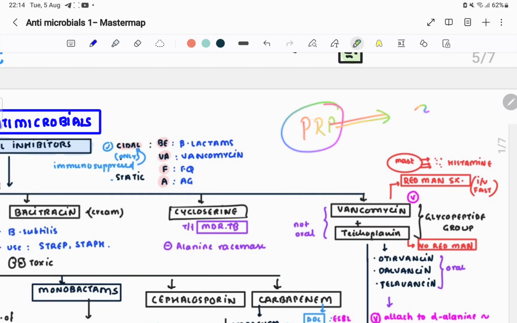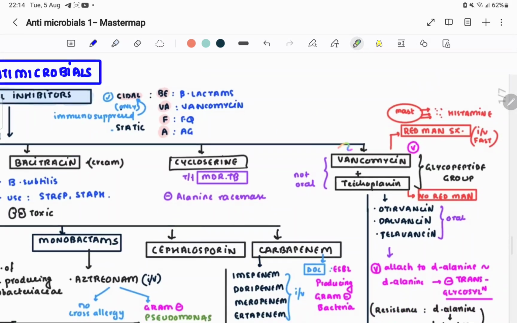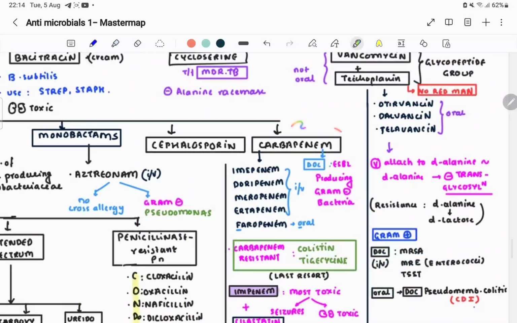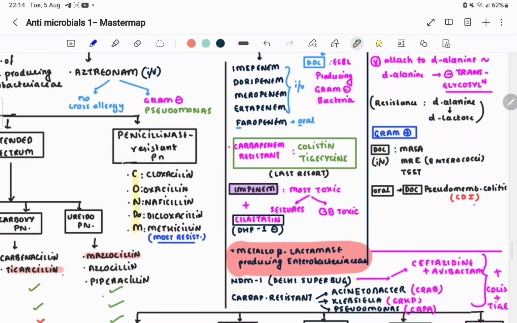Again, they produce some other enzyme, and we call them ESBL, extended spectrum beta lactamase. So we were giving carbapenem. Now they are becoming carbapenem resistant. So the drug of last resort, the last drug used in carbapenem resistant bacteria, are colistin and tigecycline.